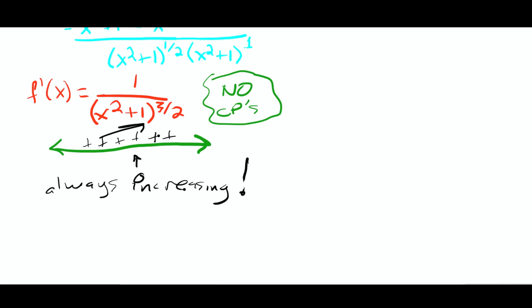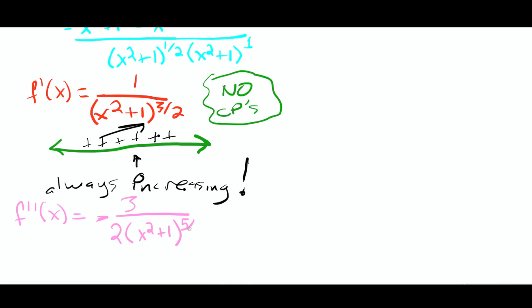Okay, so then let's get the second derivative. Let's do that in pink. Now this one is a little bit easier. If you bring this guy up as x squared plus 1 to the negative 3/2, then you're going to get negative 3 over 2, and then x squared plus 1 to the negative 5/2.